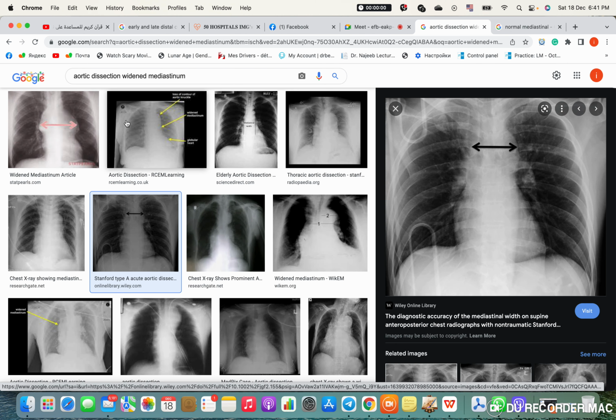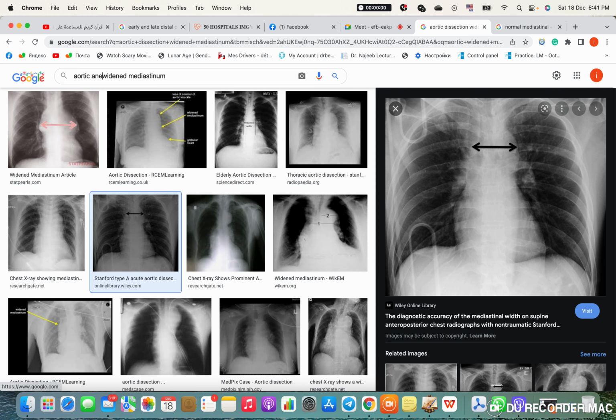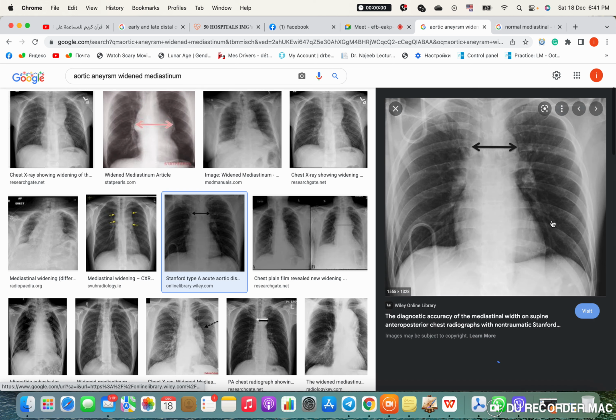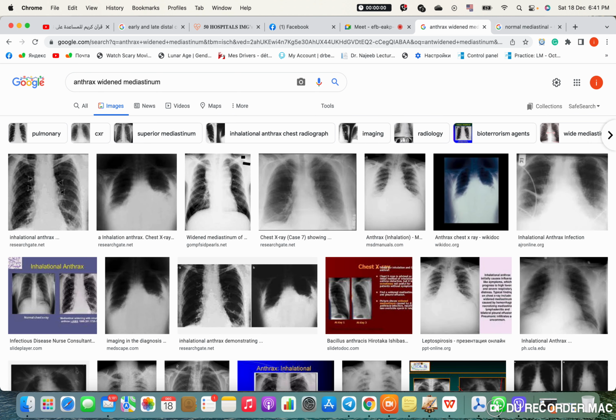So this is aortic dissection, widened mediastinum, and let's say aortic aneurysm rupture, it looks exactly the same. And let's say anthrax, it looks exactly the same. So how can I differentiate between the 3 or 4? All of them by the same way, clinical scenario. So this is just a finding. This is a sign, it's not a diagnosis, okay?